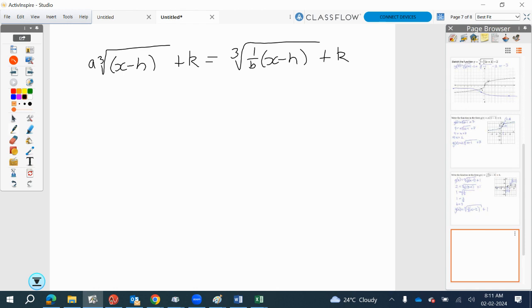Let me give you guys a minute or two. So let's have a little formula. a is equal to what in terms of b? b is equal to what in terms of a?